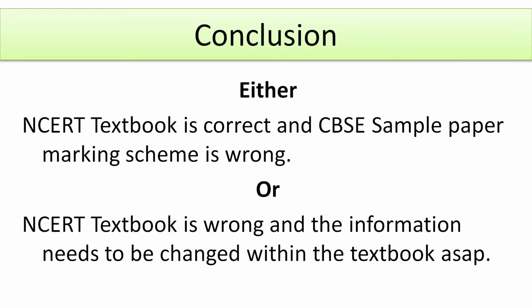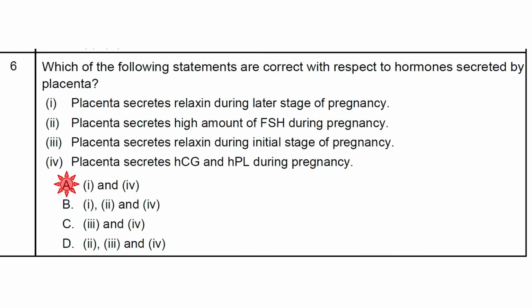Now, the second question which created confusion for us was question number 6 of section A. It says, which of the following statements are correct with respect to hormones secreted by placenta? What are the hormones secreted by placenta? That's the question. Now there are four statements given over here, and the correct answer given in the marking scheme for the sample paper is option A. It says that statement 1 and statement 4 are correct.